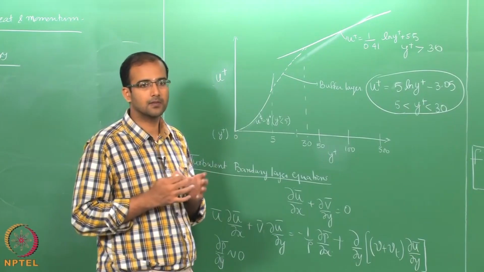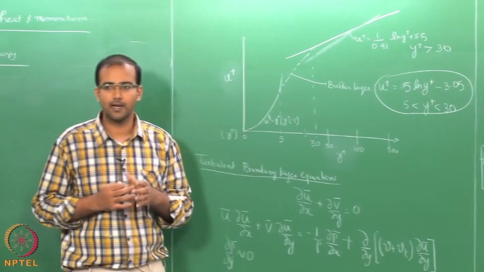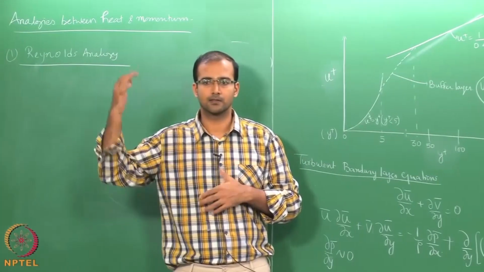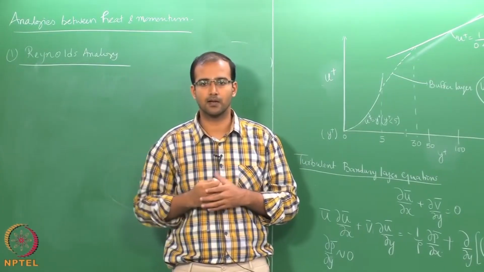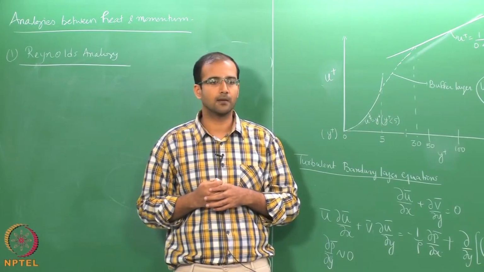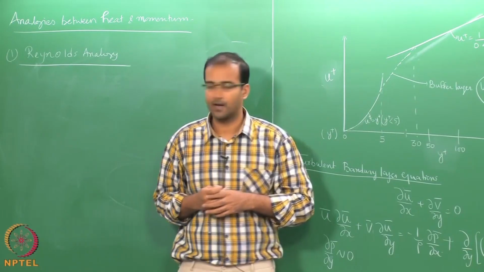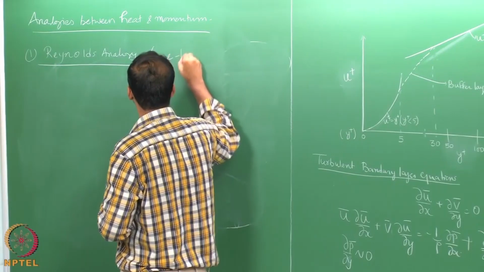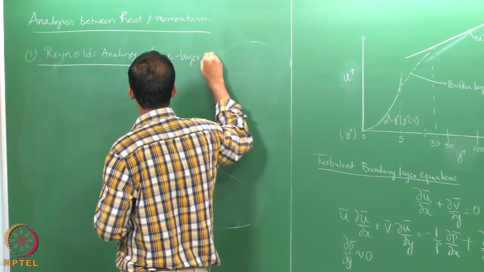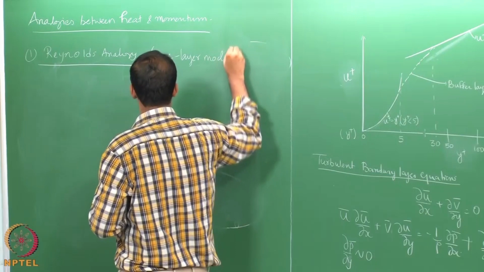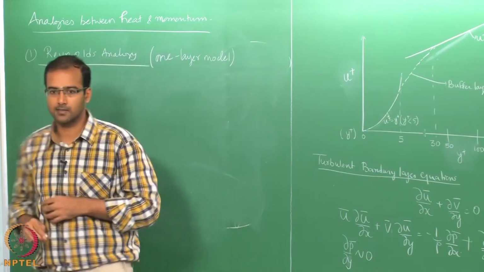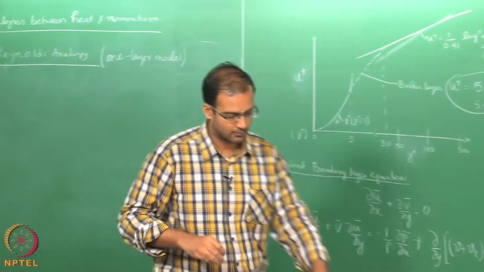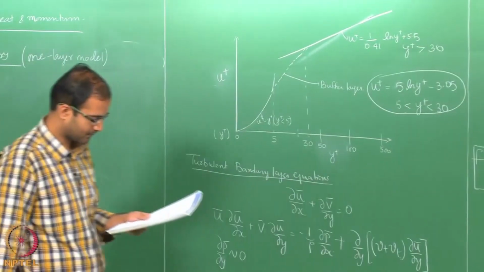But to start with, we will assume the entire boundary layer is turbulent, there is no laminar sublayer, there is no buffer layer. So, this is called a one layer model, okay. And Reynolds analogy is derived based on this one layer model. So, only the turbulent boundary layer extends all the way from the wall to the edge of the boundary layer, okay.